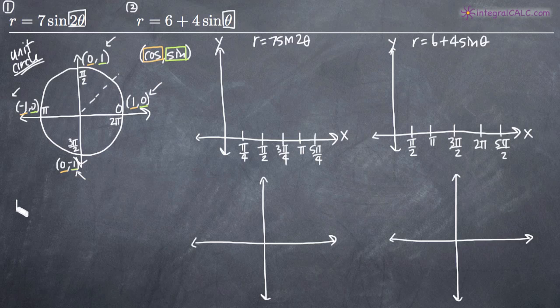So we've got r equals 7 sine of 2 theta. And now we're going to figure out the value of the graph at each of the points we've marked off here on the x-axis.